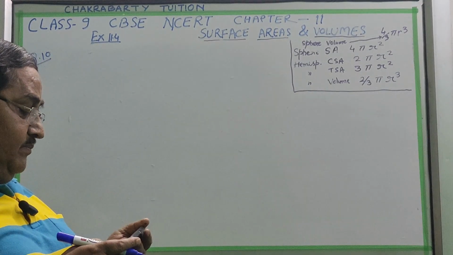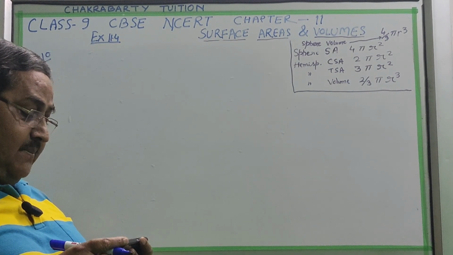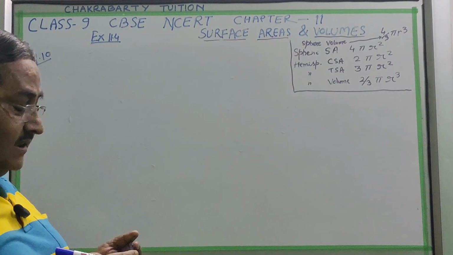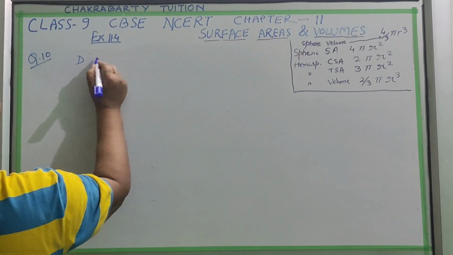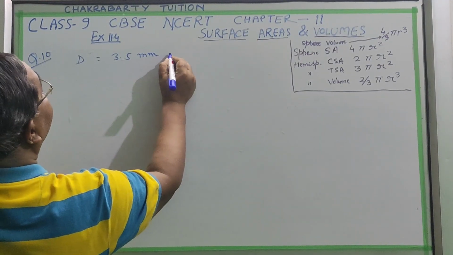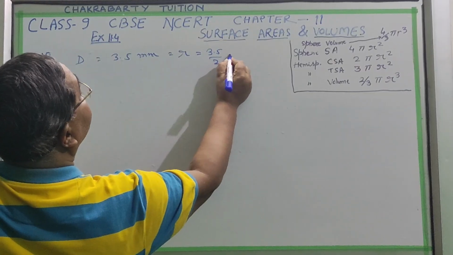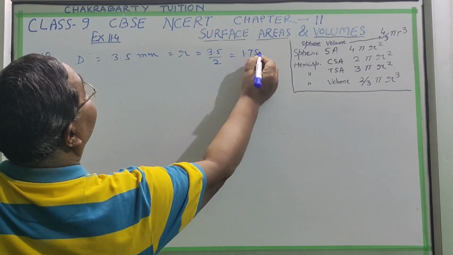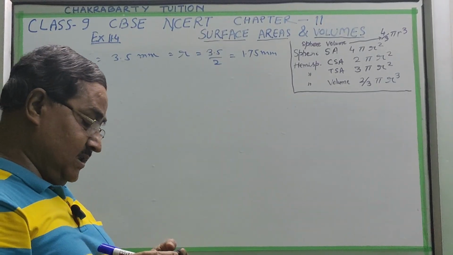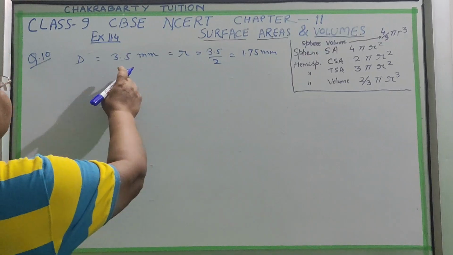Here a capsule of medicine is in the shape of a sphere with the diameter 3.5 mm. So its radius will be equal to 3.5 upon 2, which is 1.75 millimeter. How much medicine is needed to fill it?